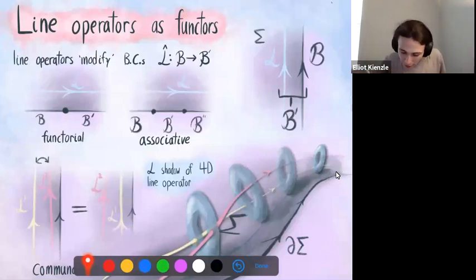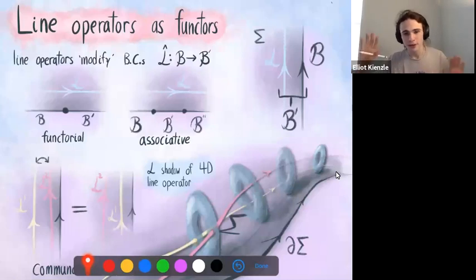The reason you're allowed to homotope these is that the action of homotoping, the location of these, is effectively the same as a modification of the metric in a way. And again, we've done a twist to make our theory topological, so that doesn't matter up to BRST exact terms. That's why we can do this. Okay, so commutative line operators are functors.